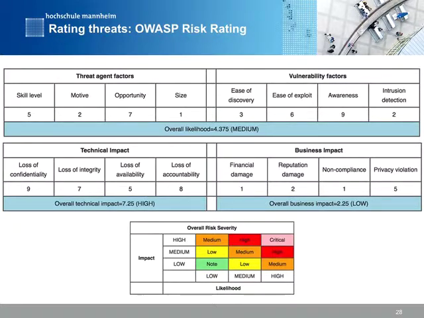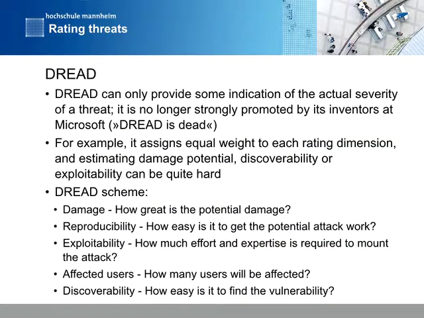And don't use OWASP risk rating. Use these 5 factors, but aligned to probability and impact. So 1 and 4 are one dimension, 2, 3, 5 are the other dimension.